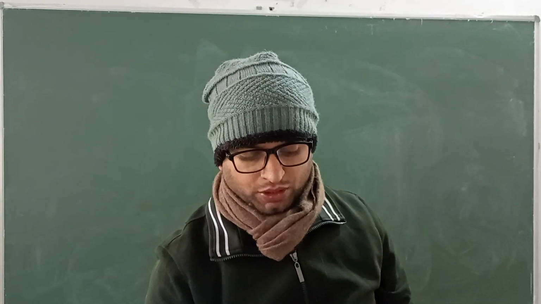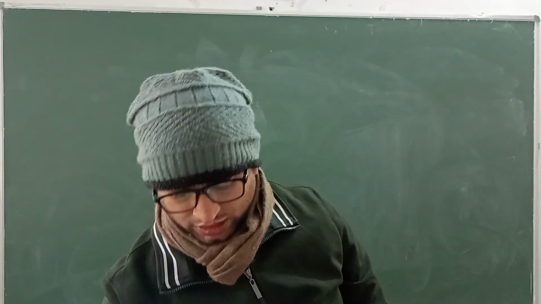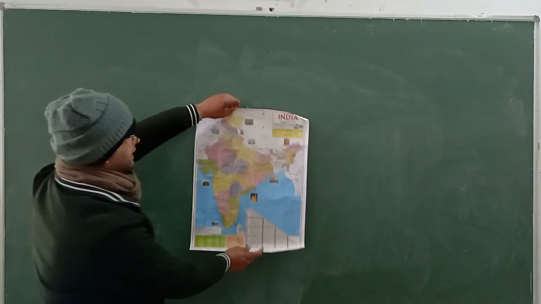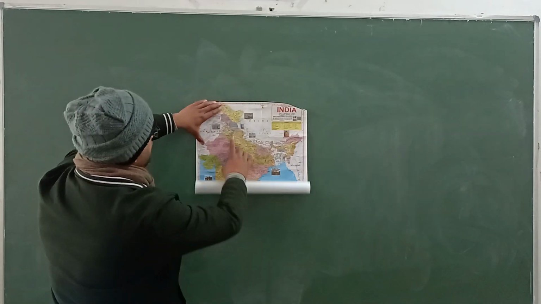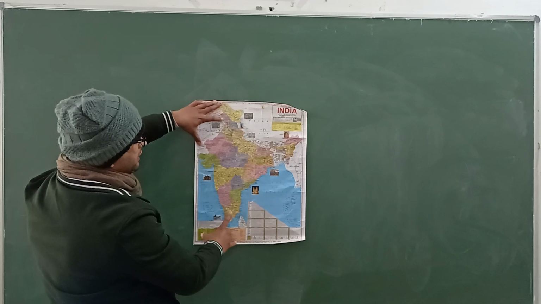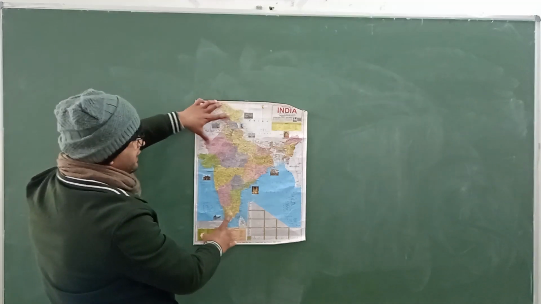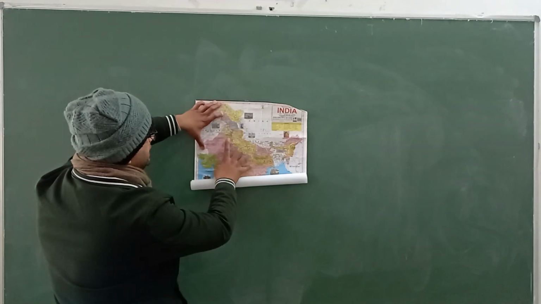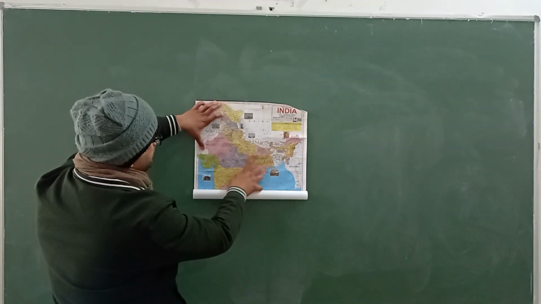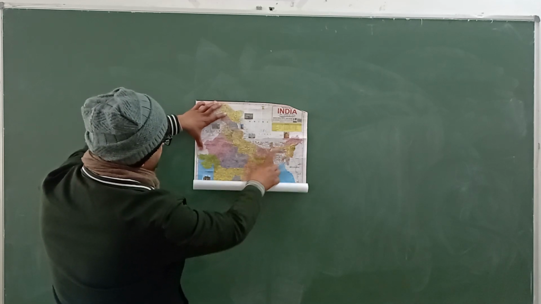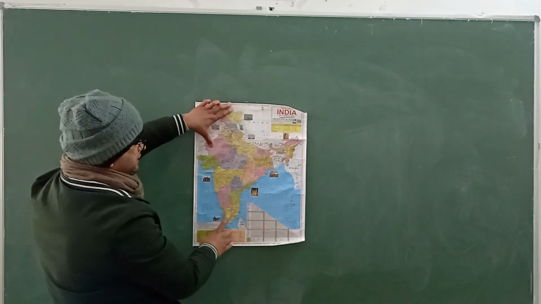And if we go to the political division of India, we can see many states and union territories. Going by the map, Jammu and Kashmir is updated as a Union Territory and Ladakh as a Union Territory. Himachal Pradesh, Punjab, Haryana, Uttarakhand, Uttar Pradesh, Bihar, and parts of Assam and Arunachal Pradesh are in the plains.